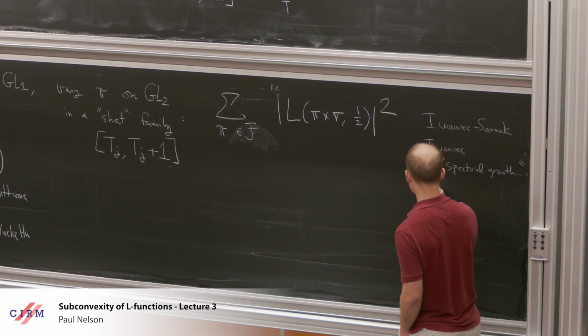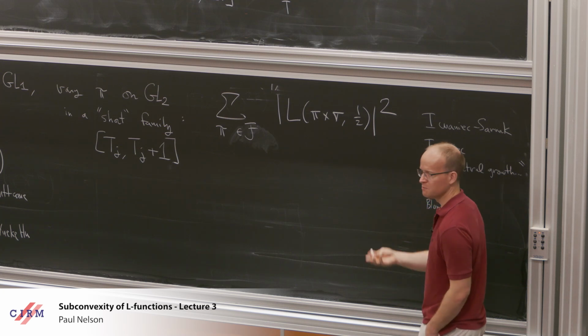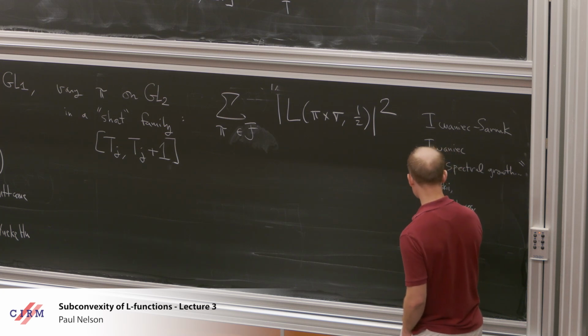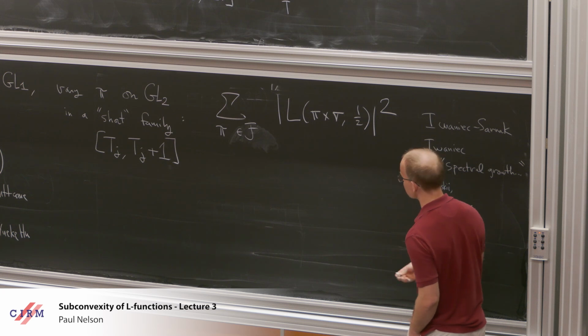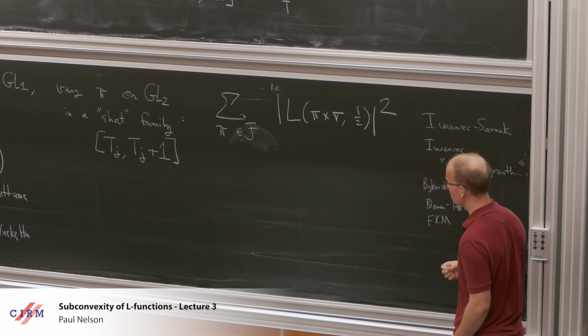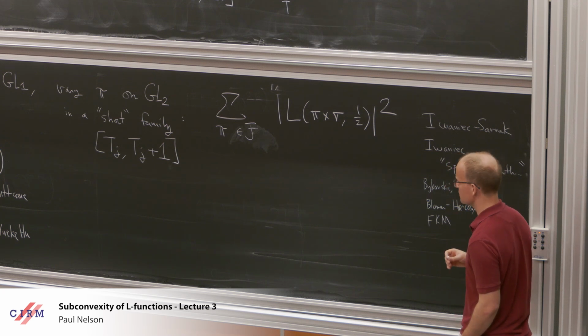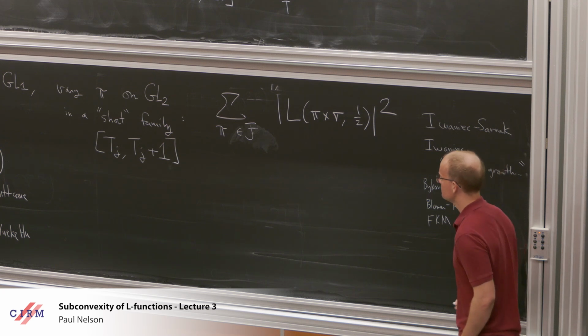There's a paper of Bykovskii. There are some papers of Blomer and Harcos. There are papers by Fouvry, Kowalski, and Michel treating the same thing for trace weights. So this class of examples has been studied in many cases. Maybe I've forgotten some cases here, but okay.